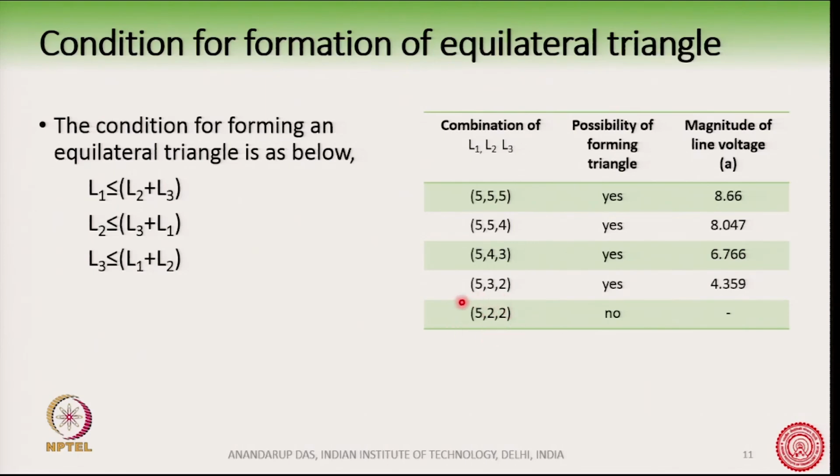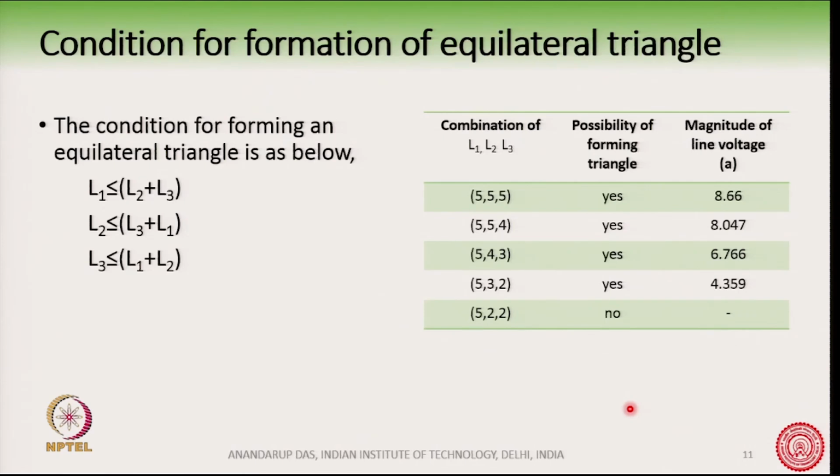But if we take the fault condition corresponding to 522, meaning we have lost 3 cells in B phase and 3 cells in C phase, then this condition will be violated. Under this condition 522, it is not possible to form an equilateral triangle. That means we can never get balanced voltages.